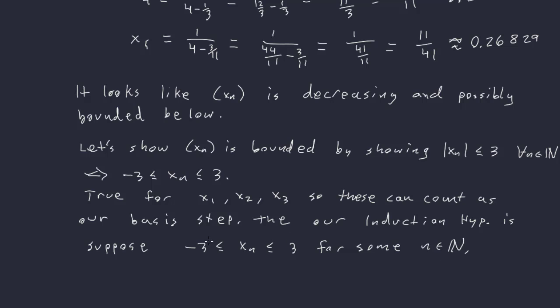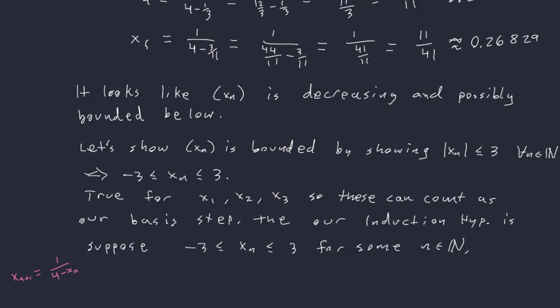Okay, then we want to show it for xn plus 1. Now remember the formula for xn plus 1 is 1 over 4 minus x sub n. So maybe we can manipulate this to get it to look like this, or we can just use this formula here. Okay, so I'm going to try and get it to maybe look like this.